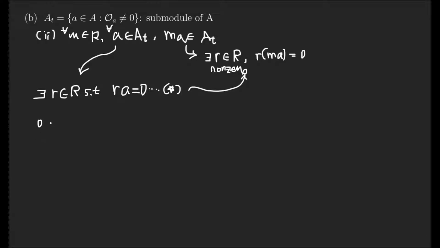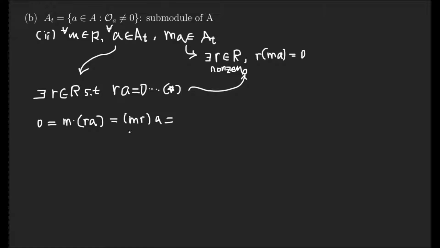So this means 0 is equal to m(ra), because ra is equal to 0 and m is an element in R and r is an element in R. By the definition of the R-module, we can say m r a.